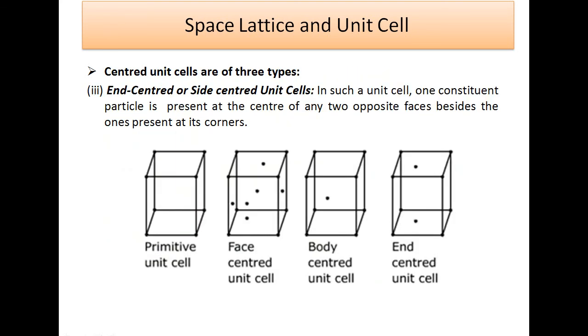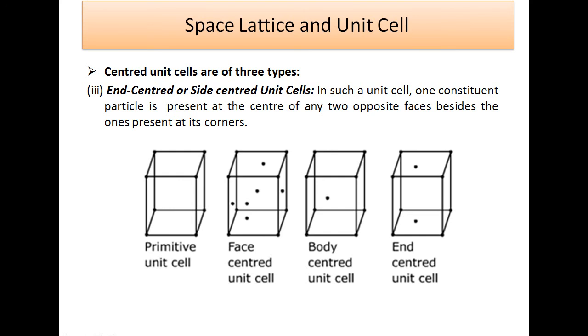Similarly, in an end-centered or side-centered unit cell, we have constituent particles present at the center of any 2 opposite faces in addition to those at the corners. As we can see in the figure here, this is the primitive unit cell in which all the particles are present at the corners. In centered unit cells we have 3 types: face-centered, body-centered, and end-centered. In the face-centered unit cell, in addition to the corners, we have particles at the center of each face.